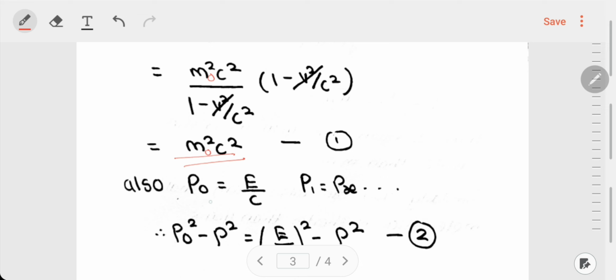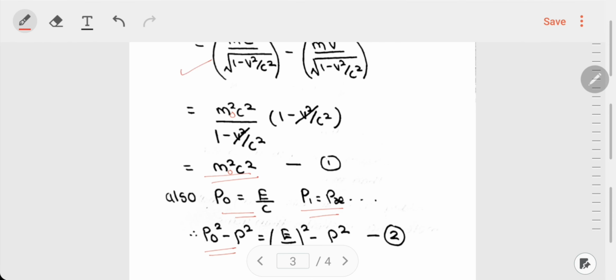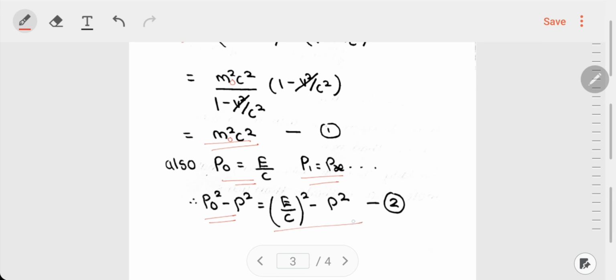Also we know that p0 is equal to E by c, and p1 is equal to px, p2 is equal to py, and p3 is equal to pz. So we get p naught square minus p square as E by c whole square minus p square. So we have two relations for the dot product. First is m naught square c square, and the other is E by c whole square minus p square.